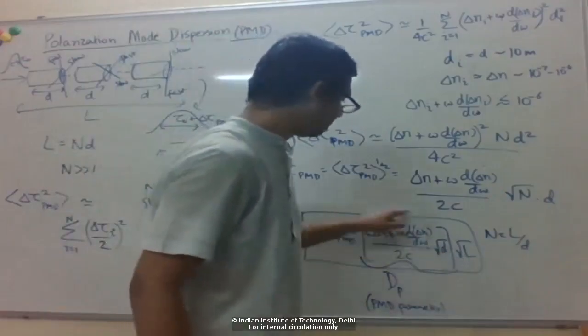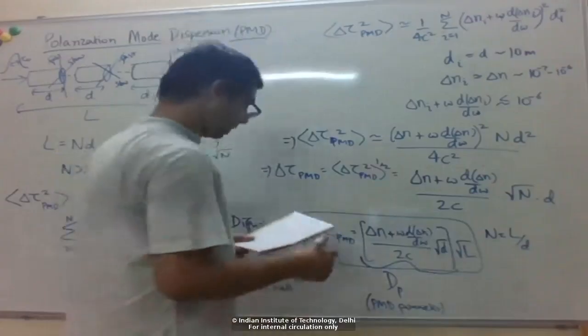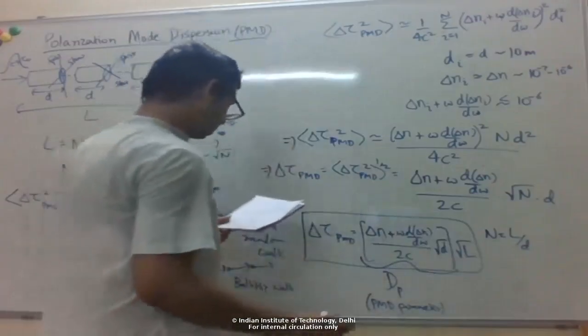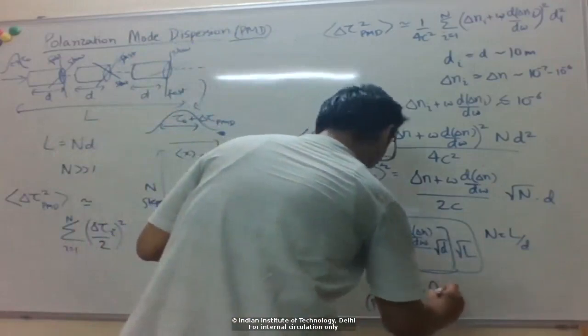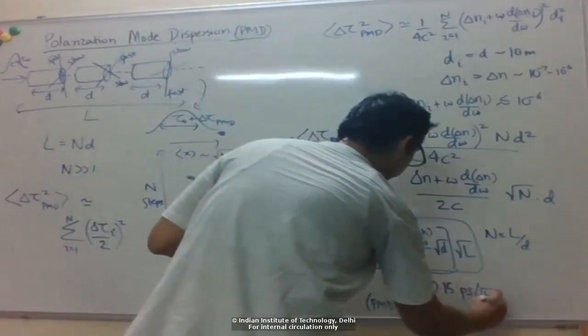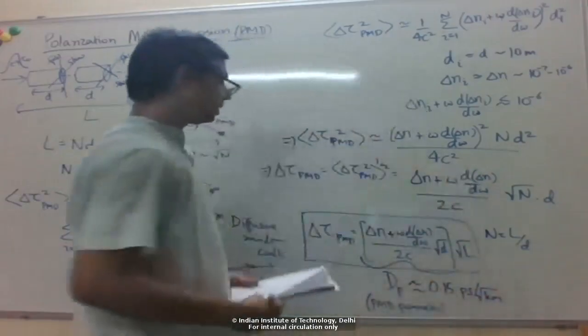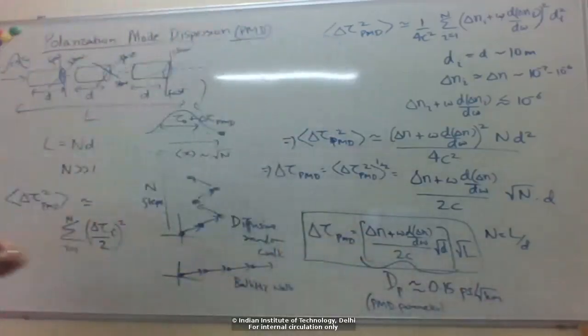So this PMD parameter has units of second per square root of meter. It's usually measured in picosecond per square root of kilometer. And typically, if you put these numbers, the typical value you get is about 0.15 picosecond per square root of kilometer.